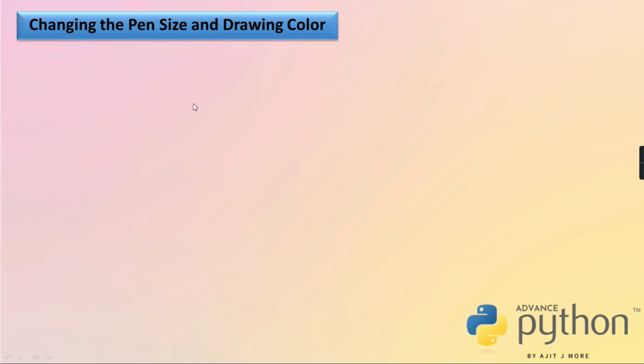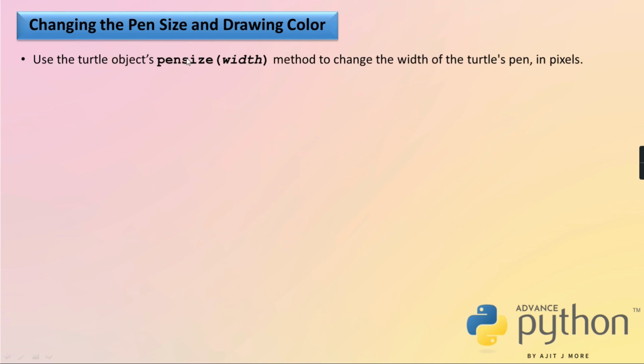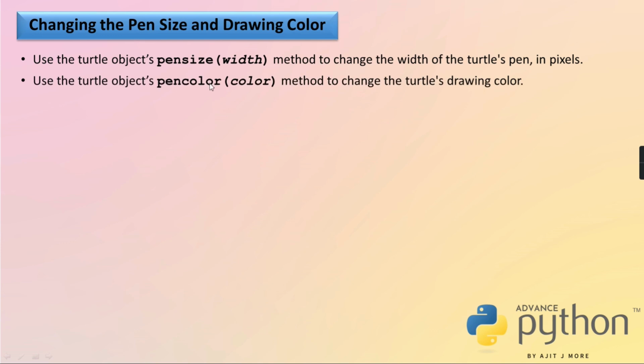So accordingly here also the pen size you can select. So use the turtle object's pen size method, and give the width, to change the width of your turtle's pen. And for drawing color, there is a pen color method, and give the color. And you know now, color you can give as a hexadecimal value, or you can give a color name.